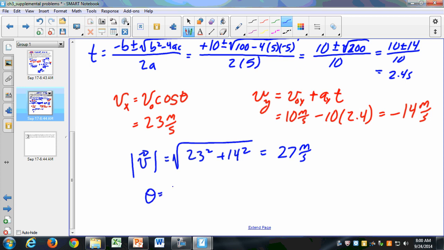I'll leave you to do this on your own, but it's the inverse tan of the y over the x component. It's 14 over 23. That's equal to 31 degrees below the plus x-axis. Make sure that you give the details about that angle, how it's measured. Okay. Like if you just put 31 degrees, I can count off, I don't know, a couple points probably.